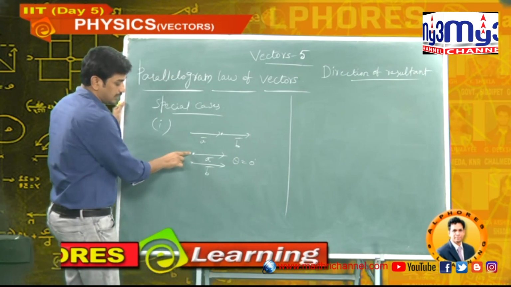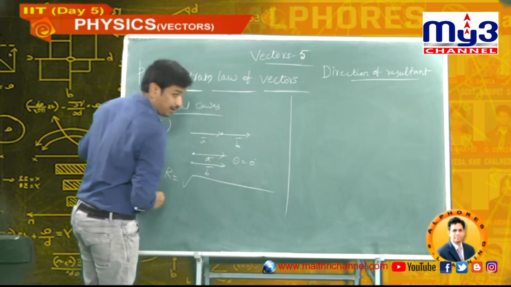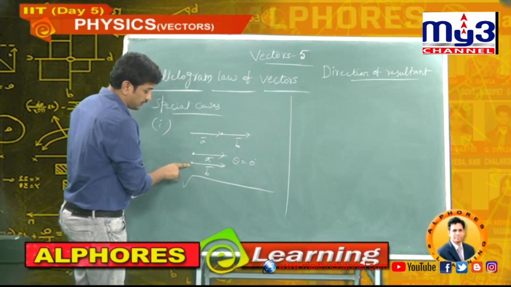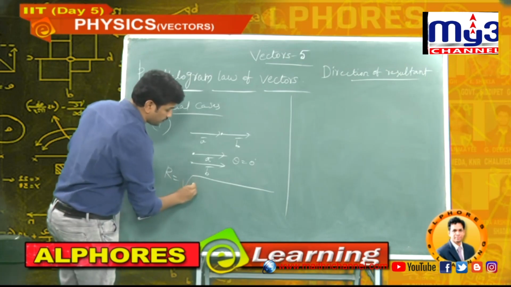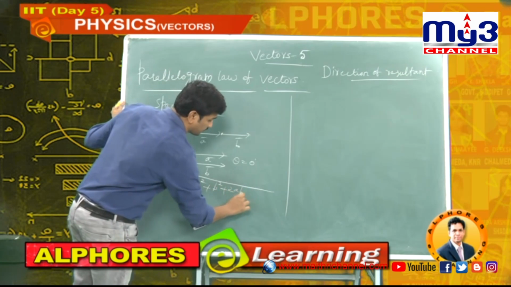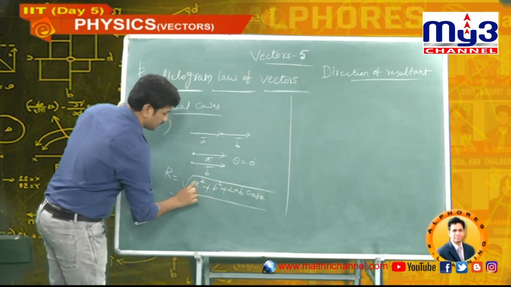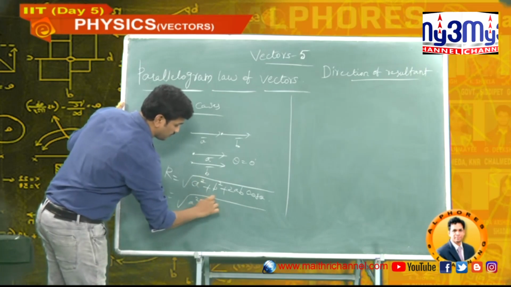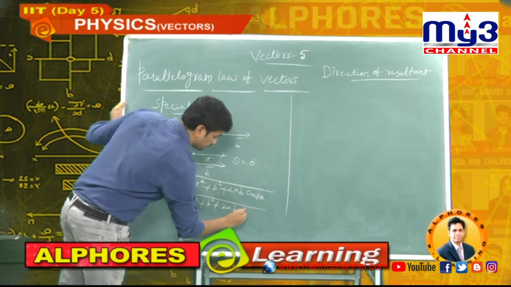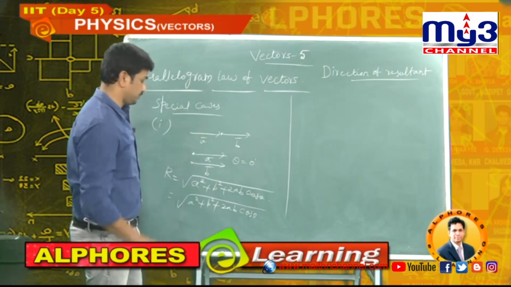Now what is the resultant of these two? R equals, that is the formula of the parallelogram law of vectors: the square root of A square plus B square plus 2AB cos theta. So A square plus B square plus 2AB cos 0. What is the value of cos 0? Cos 0 is 1.